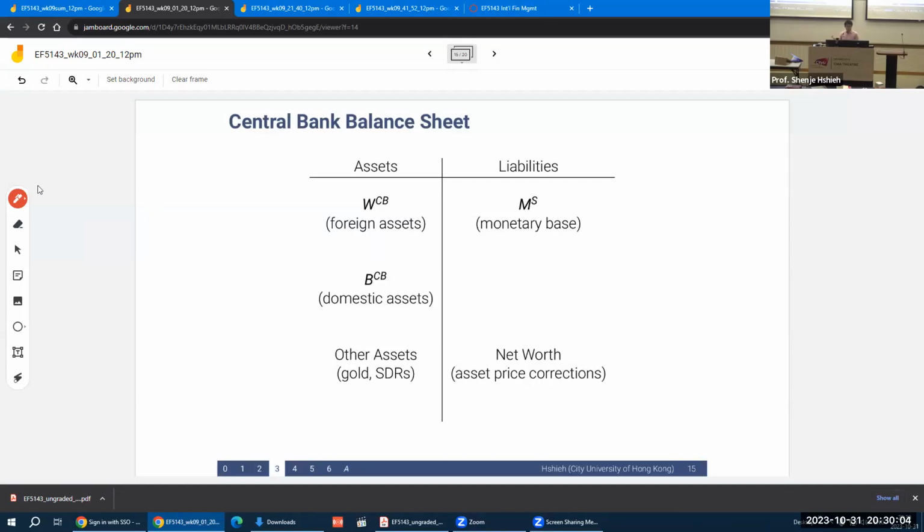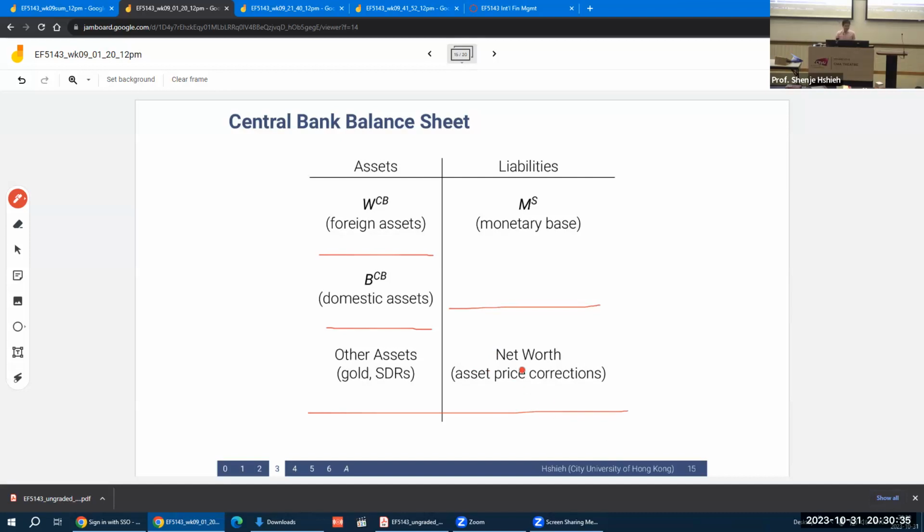What it looks like on the balance sheet. So consider the following balance sheet. This is a very simple balance sheet. Assets equal liabilities. There are three types of assets: foreign assets, domestic assets, and other assets, then the monetary base, and any difference is considered net worth.